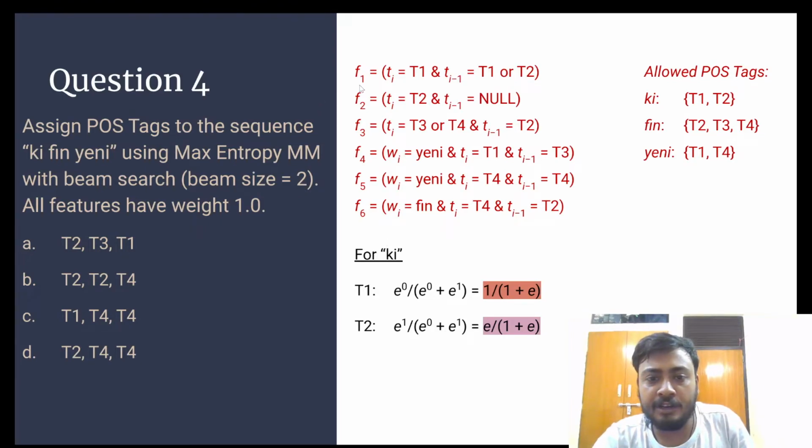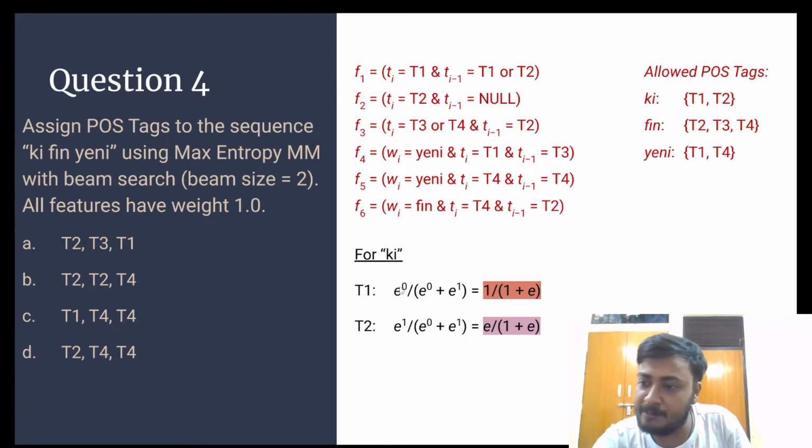Because the lambdas are all 1 in our case, you just need to count how many features are applicable for a given combination, and that will simply be the value which appears at the power of the exponent. If the lambda values were given, like say lambda 1 is something, lambda 2 is something, and so on, then you would have to weight them accordingly.